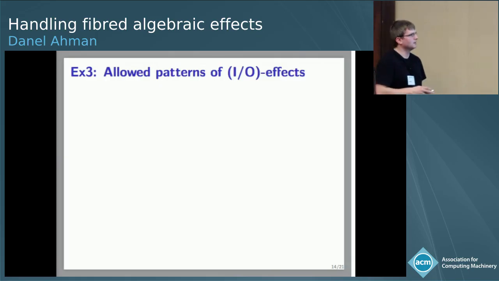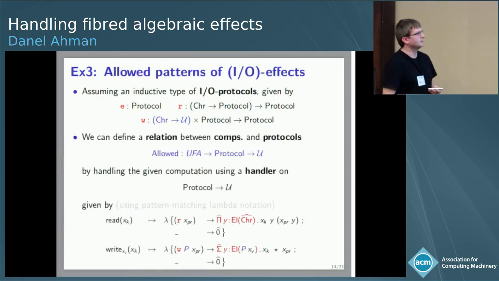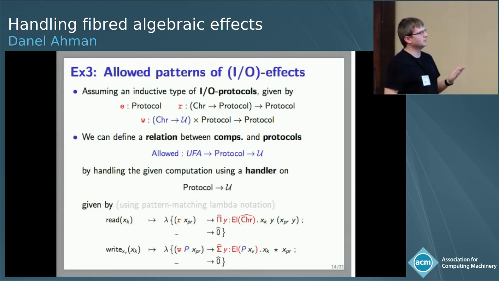And then there's a third example, which is sort of in the style of session types in many ways. When I have I/O computations, I can also talk about patterns of those. So I can define an inductive type of so-called protocols, where E says that it's the end of protocol, R says that the read is the next action, and W says the same for write. And then I can define a relation between computations and protocols, which holds if the computation adheres to the corresponding protocol.